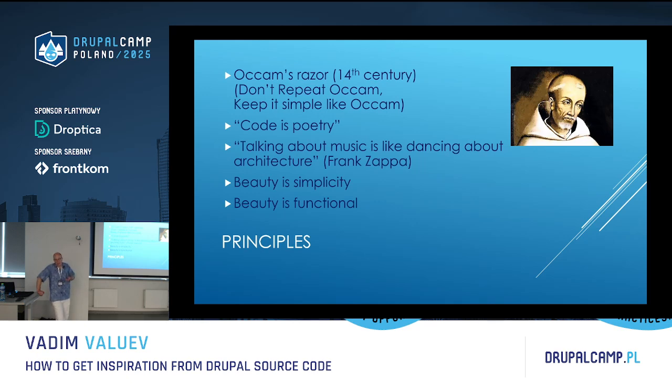Beauty is something that attracts us, and it attracts us because it is functional. Very basic instincts, in social life, and that means that code should be beautiful. That's the only criteria, and that means it should be simple.